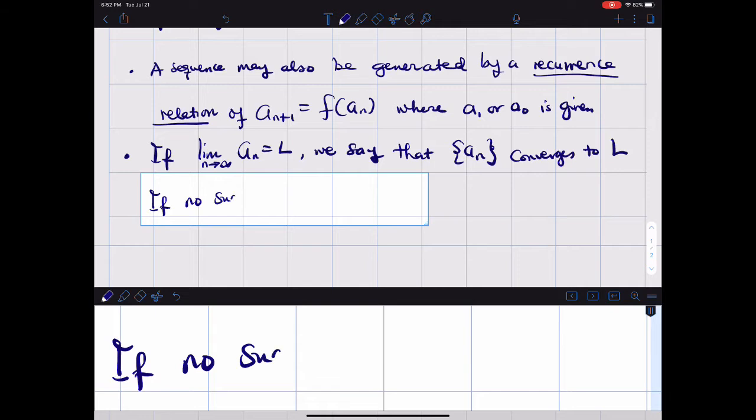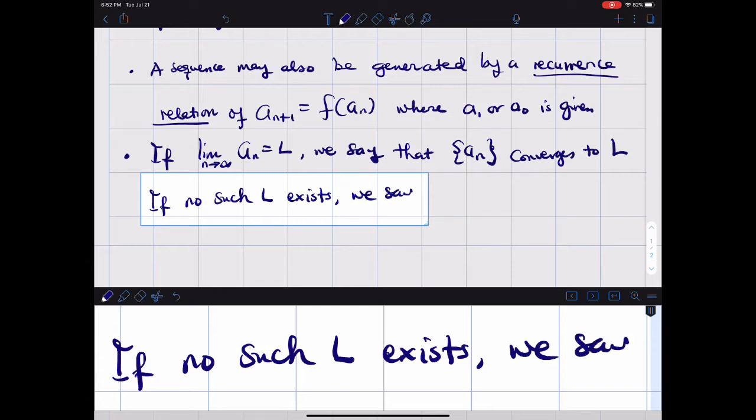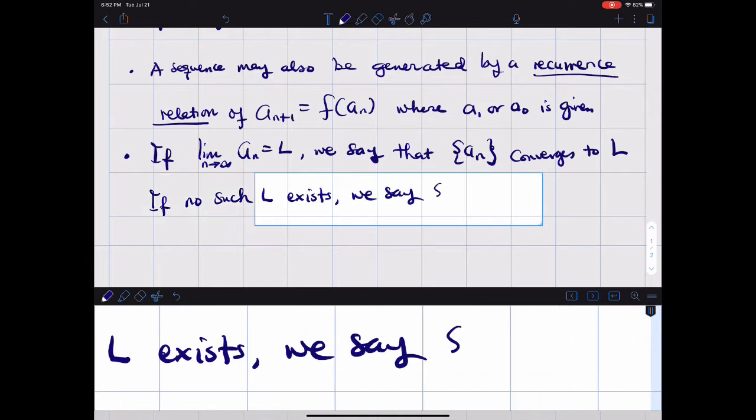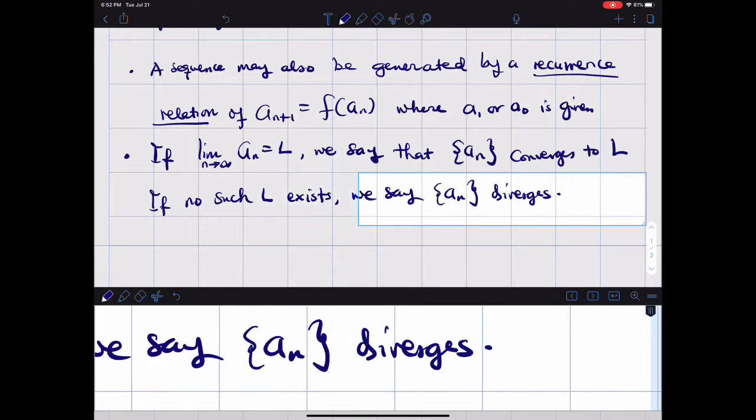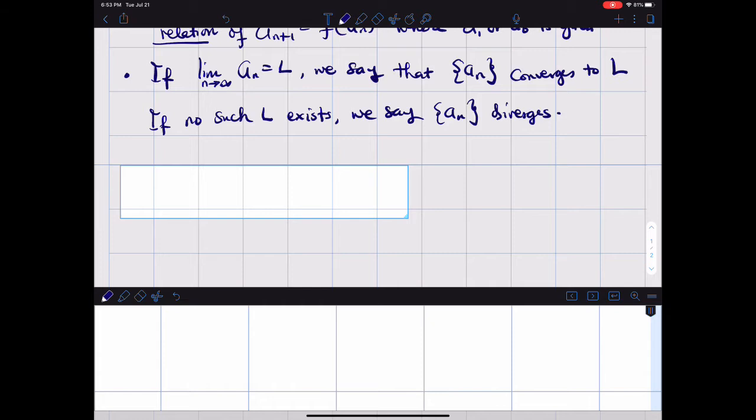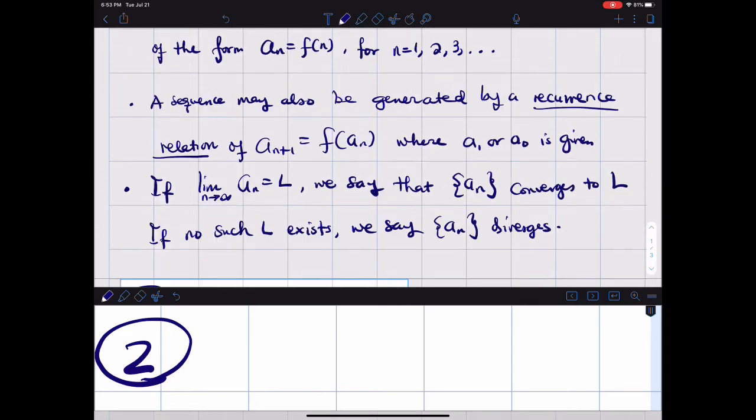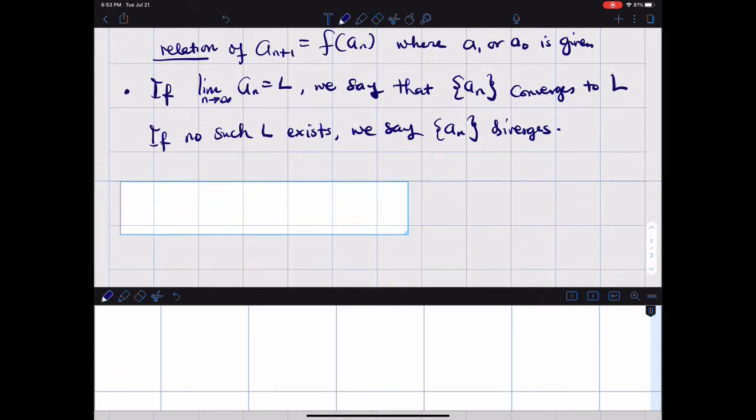If no such L exists, we say that our sequence diverges. Okay. All right, let's look at another sequence. Let's look at a second example sequence. So, let's just call this more examples.